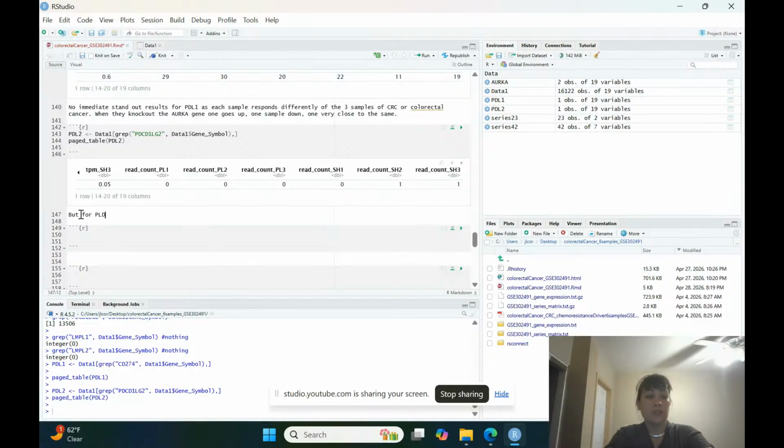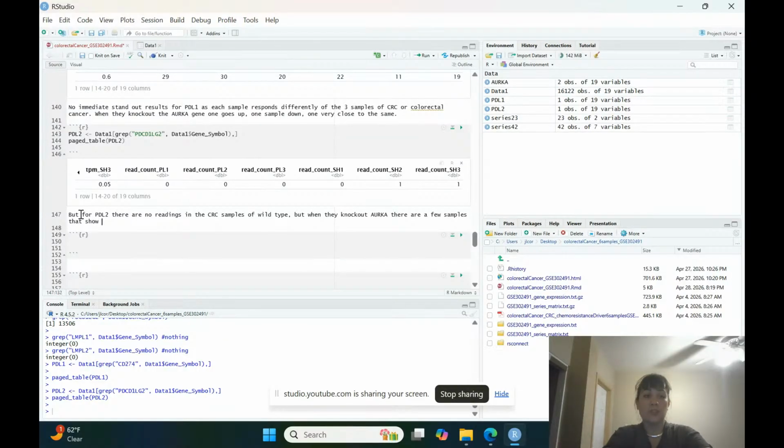But for PDL2, there are no readings in the CRC samples of wild type, but when they knock out AURKA, there are a few samples that show upregulation of PDL2.